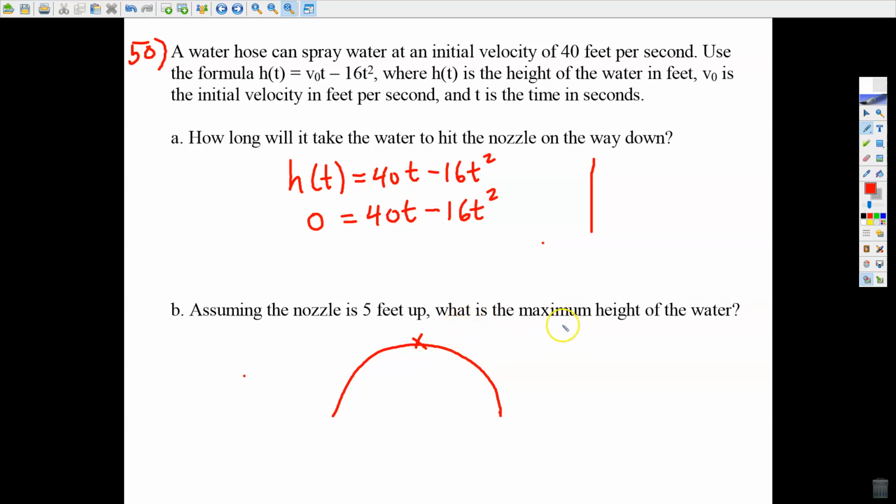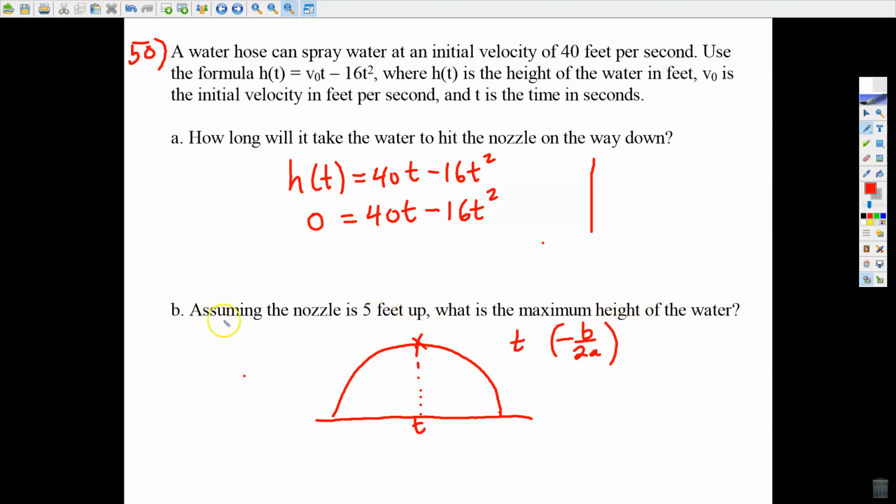And the way we find the vertex is we first find the AOS, opposite of B over 2A, find that number, and then plug that number back into the function for t. So when you find the AOS in this particular problem, you're finding t. Right? How long does it take? How many seconds does it take to reach this highest point? And then when you plug that number back in to this function for t, in both cases, you'll find the height. And that's what it's asking for.